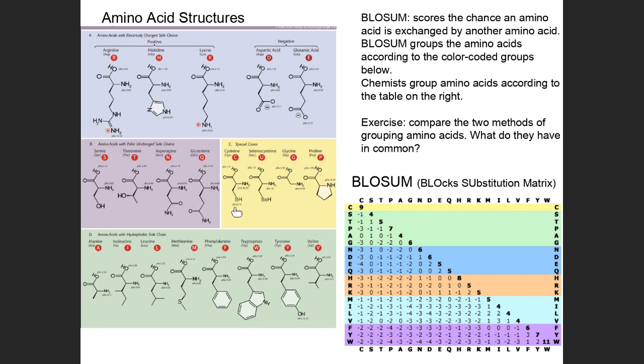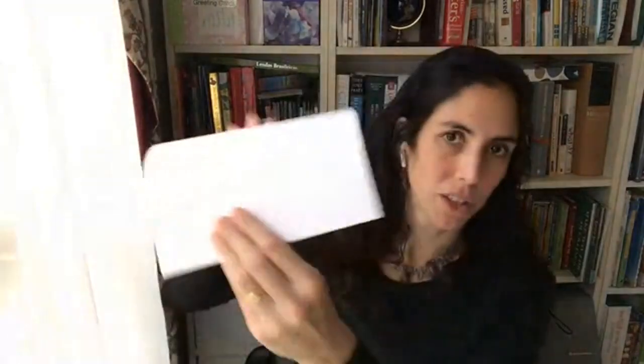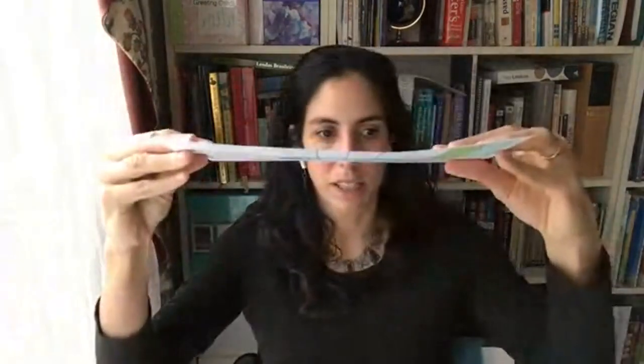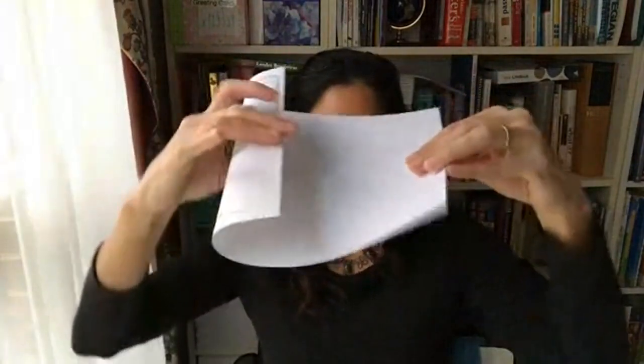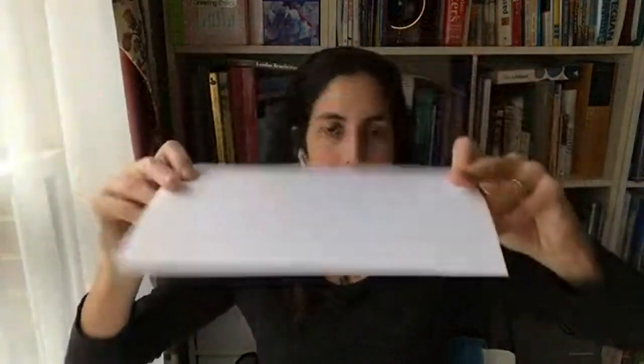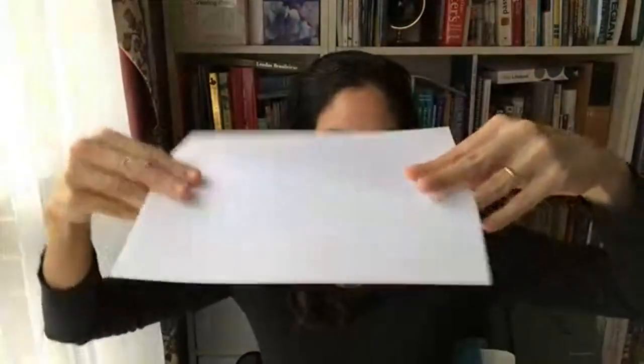So you could think about the cysteine as an amino acid that allows you to, you have this string. Actually, let me stop here. Suppose I have a lot of string, but right now I just have this paper. So let's say this is your amino acid chain. There's like a bunch of beads here. Imagine that. And then this thing can either curl up like this, make alpha helices, or it can fold like this.